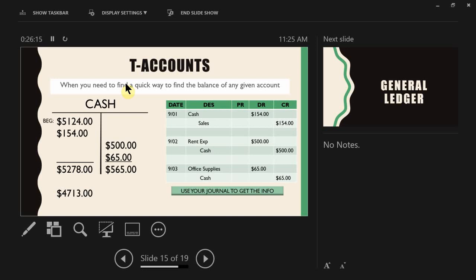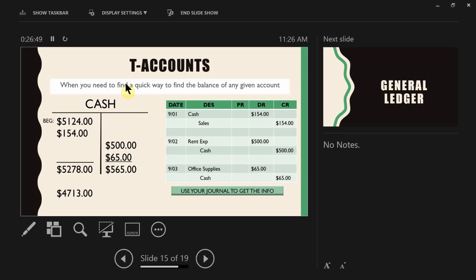On the side, you just write the account name. Okay, well, I started with $5,124. What did I do? I got sales, so I increased my cash because I made cash sales for $154. I had to pay rent for $500, and then I also had to buy office supplies for $65.